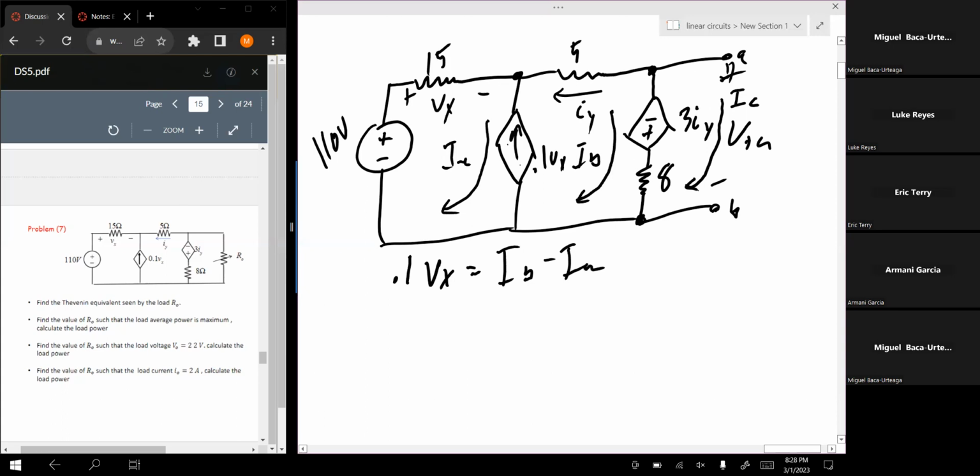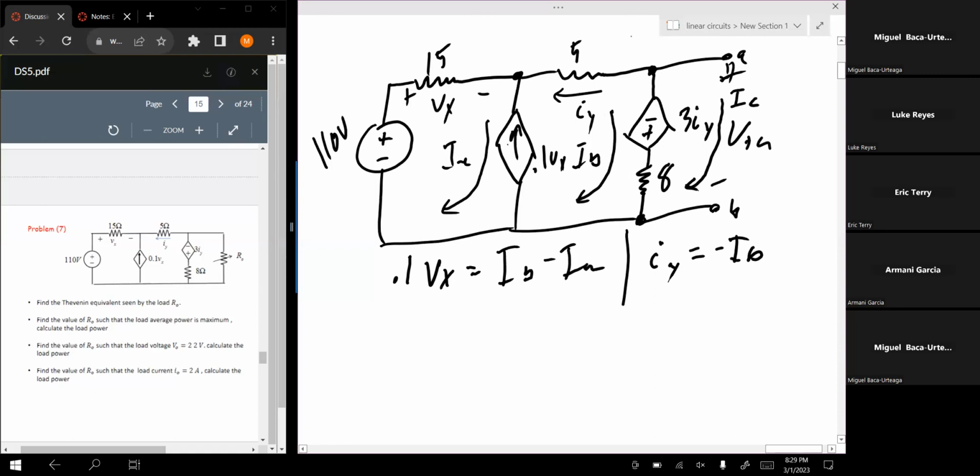And then we can also say IY. So we'll just draw a line. IY is equal to negative IB. See how it kind of shows itself a little bit, because look at this dependent source right here.